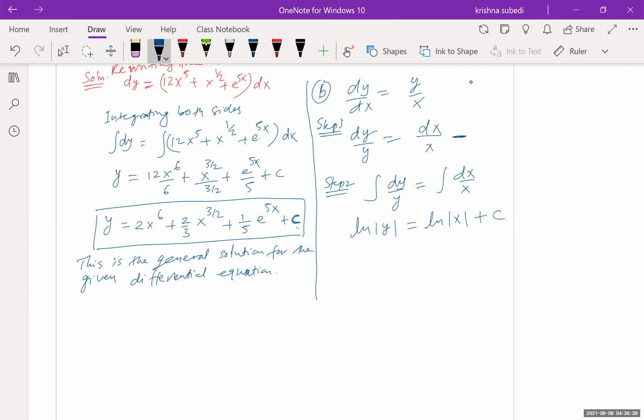We've kind of done the differential equation; there is no more derivative involved, but it looks ugly. Generally, we need to find the solution in this form, y equals a function of x. So we don't want that long form.